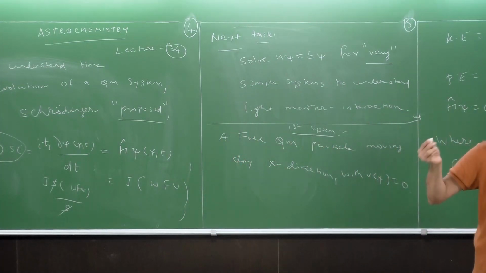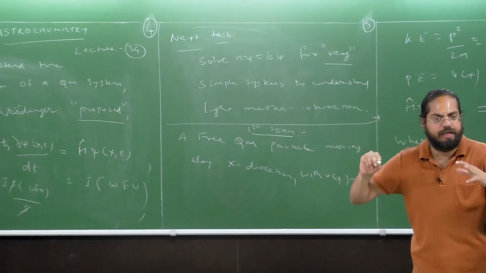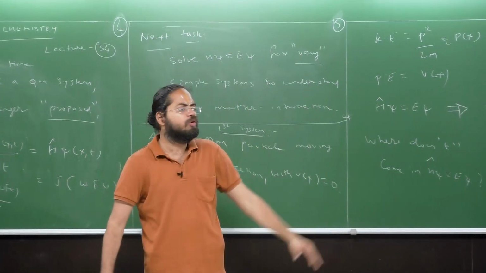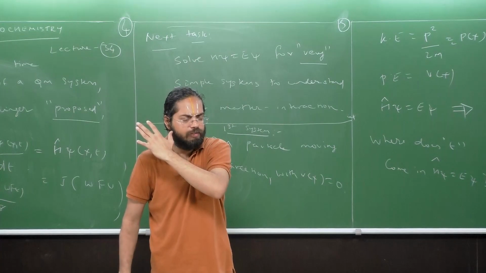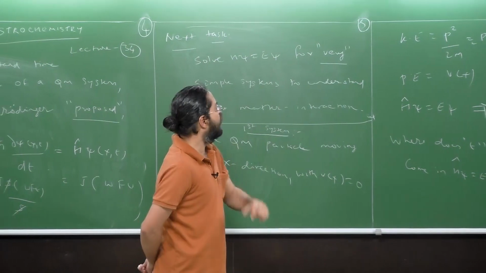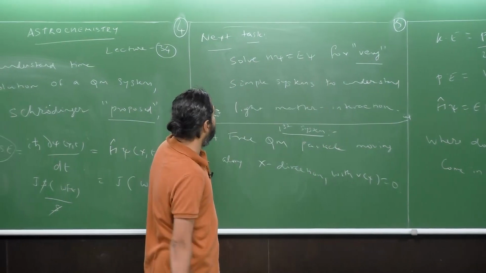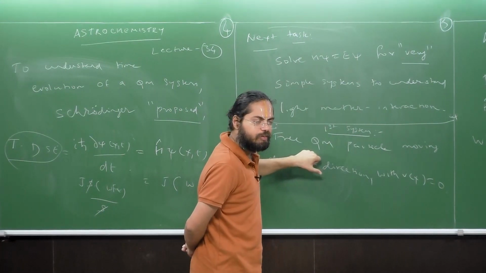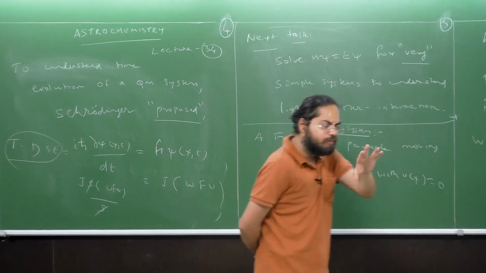It's a hypothetical entity. Just imagine some hypothetical quantum mechanical entity moving freely along only one direction. In other words, it's just moving along a straight line. Now our idea is to solve this equation, H psi equals E psi, for this system, and try to obtain some insights based on this.